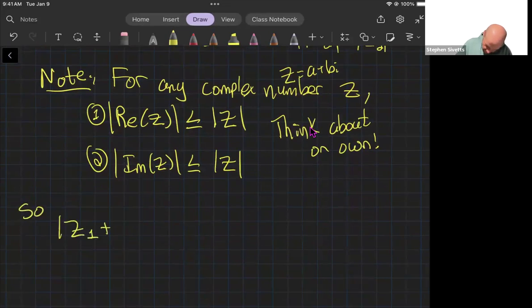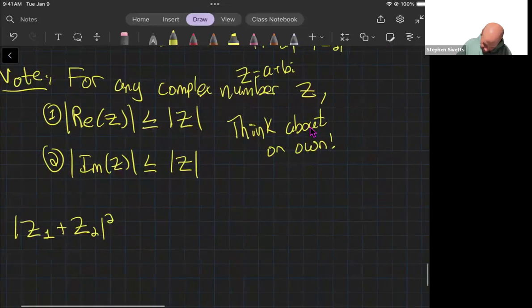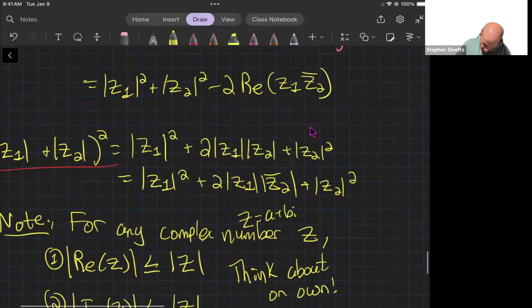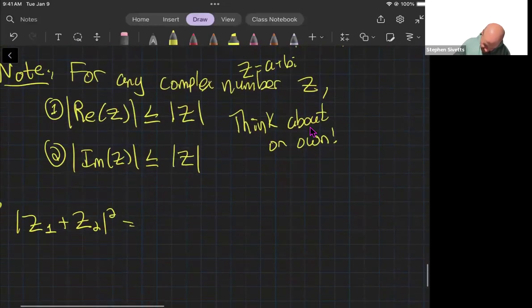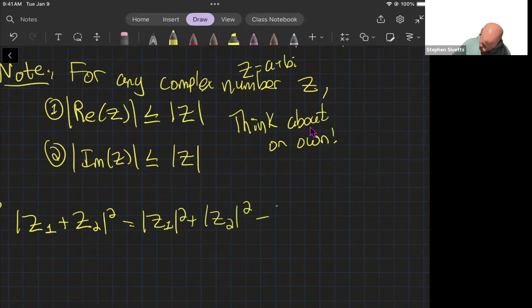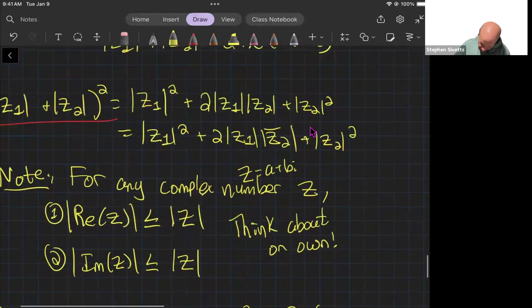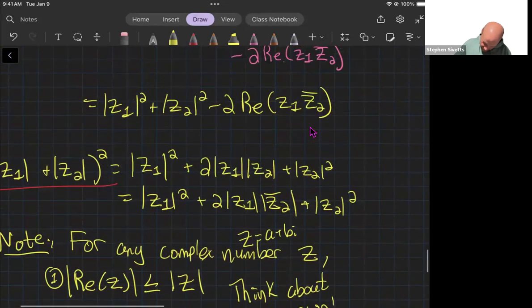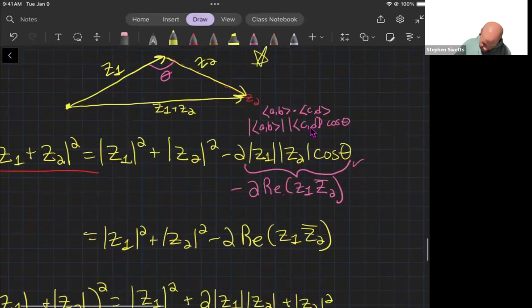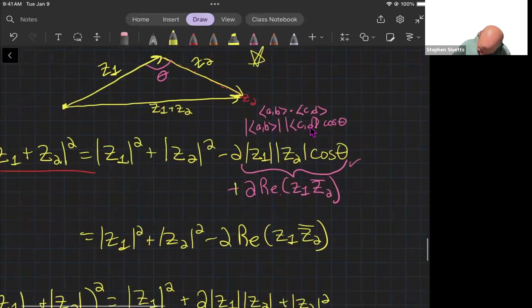The modulus of Z1 plus Z2 squared, well, we've already shown that this equals the length of Z1 squared plus the modulus of Z2 squared plus, I should say plus, 2 times the real portion of Z1 times Z2 conjugate.